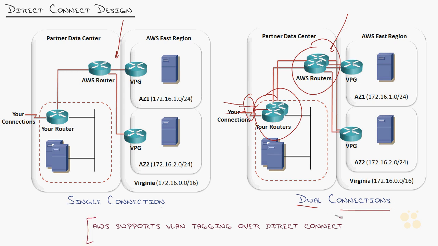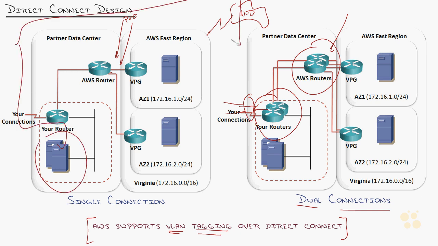Other item of note is that you do have the ability to do VLAN tagging over Direct Connect, meaning this does support VLAN tags. Why is that cool? That is not just cool, that is awesome, because I can create these own little VLANs where I could have my public subnet coming across here, because you've got your internet connection coming into the region, but I may not want to have my devices here go out through the internet to reach their public address.